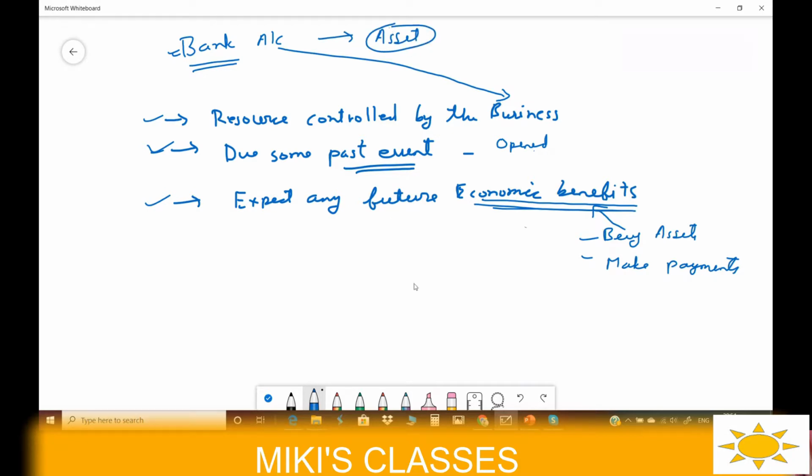Clear on this? So which means what? If you think about it, both bank account and cash, both of these are assets. And these are the two accounts which are involved in the transaction in our example, right?